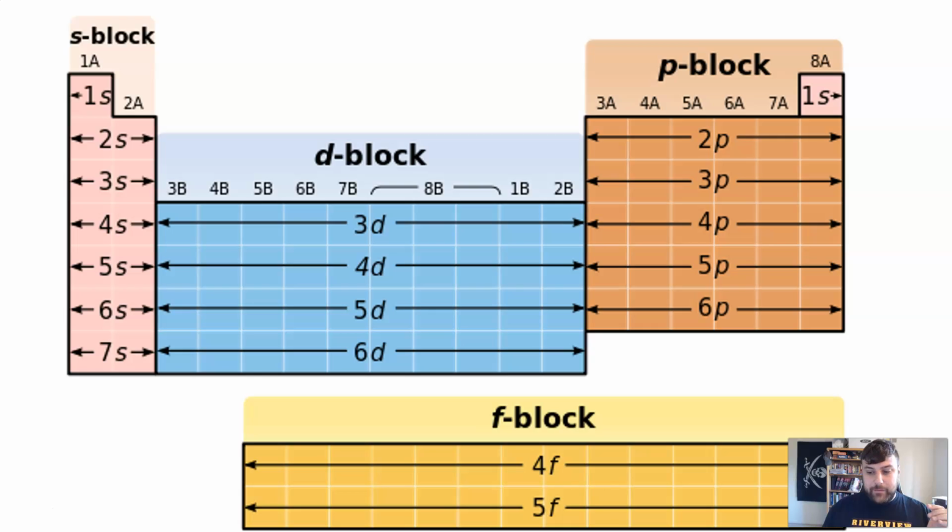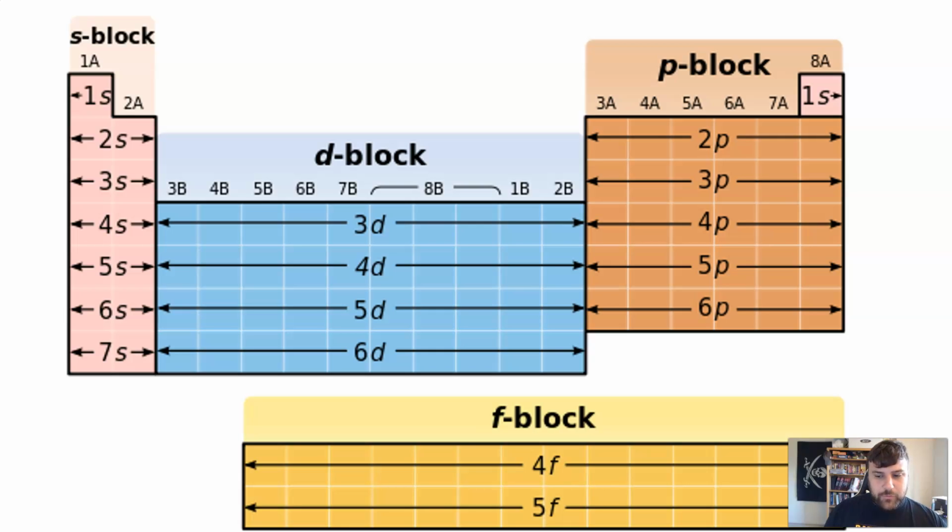I want you to pay attention to the elements I mention. The actual F block elements go from number 58, cerium, through number 71, lutetium, and from number 90, thorium, all the way through number 103, lawrencium.